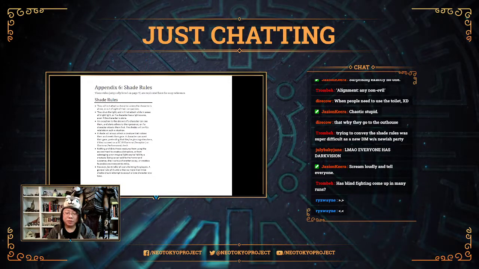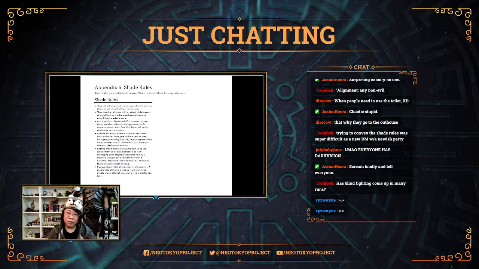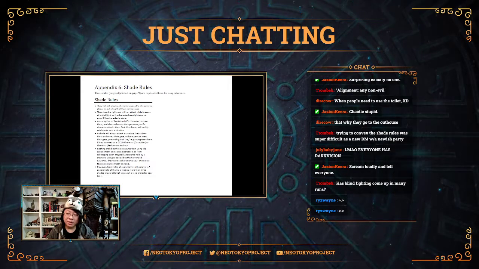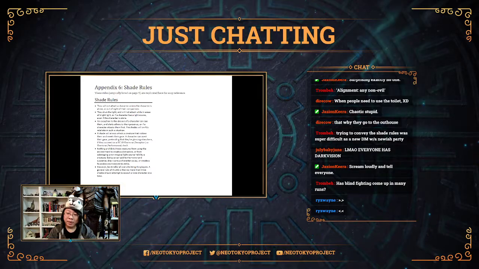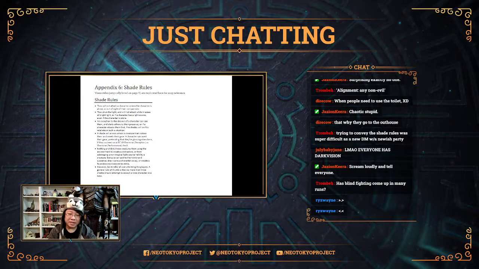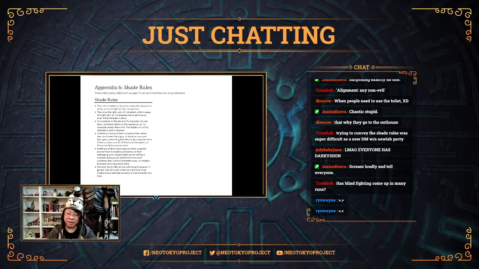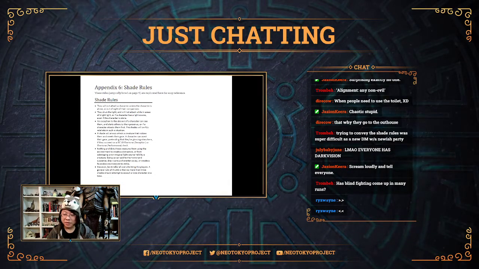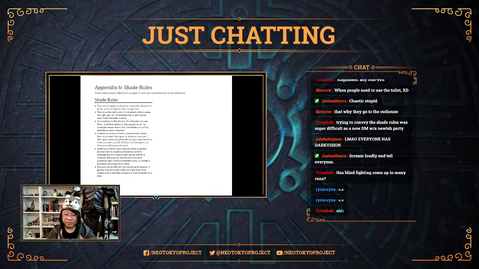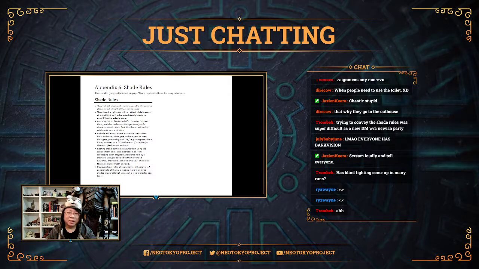Blind fighting is really useful. It's a fairly new addition to the rule set because of Tasha's. So this was written pre-Tasha's. And curiously enough, very few people actually take blind fighting for some reason or the other at low levels. So that's kind of cute.